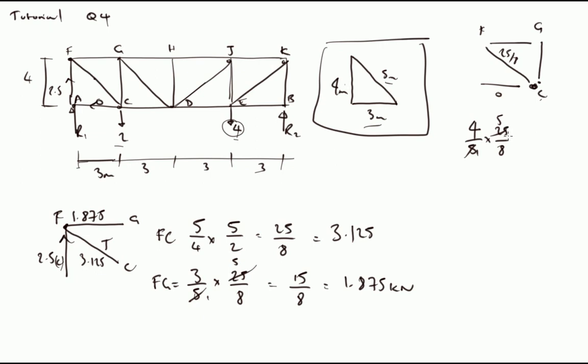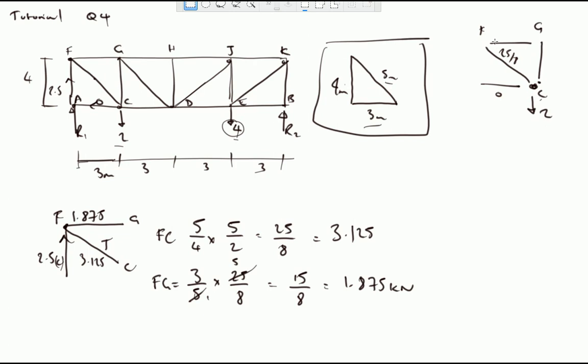I don't think I've done that the easiest way. FG, we can look at the horizontal component of that. The reason I say that is that we've actually got a load acting on here. So we've got an external load to consider at C of 2. So I won't do this one yet. I'll come back to that one, having done the horizontal load first.